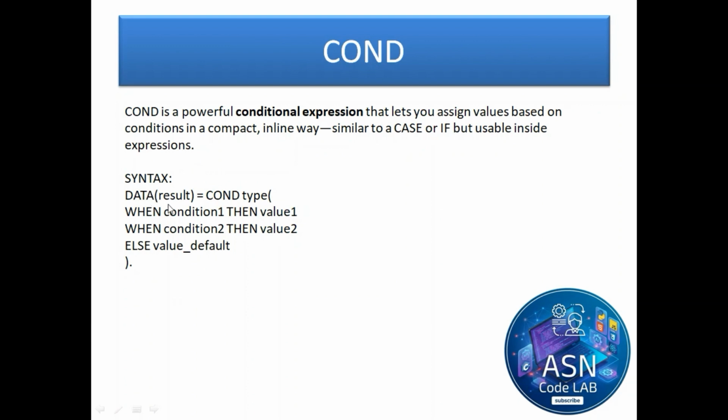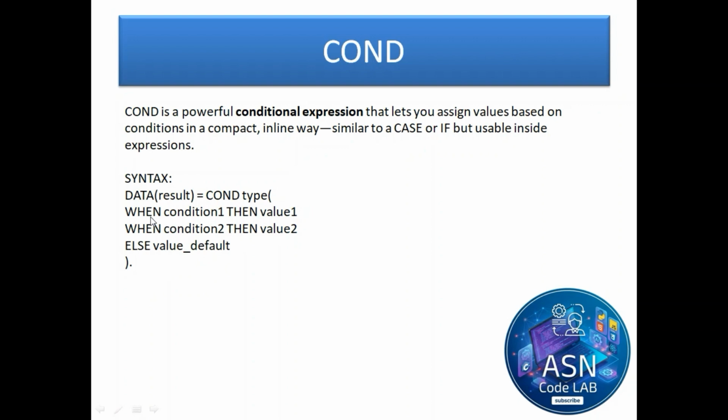There's an inline declaration for the result, one variable, and COND, the conditional expression, and the type the result has to be, and then WHEN condition THEN value. It will check the condition, like how we have IF variable is greater than 10, then assign one value; if the variable is less than 10, assign another value, else assign some default value.